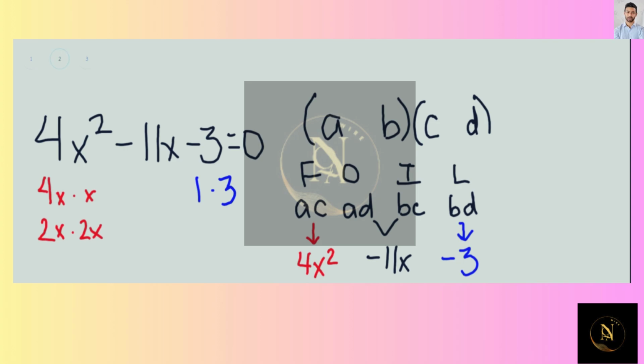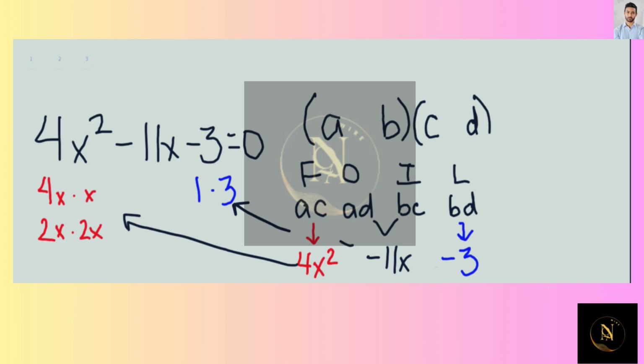Now that we have our quadratic in standard form, we can factor it. Because our quadratic has a coefficient for the a term that is not 1, this is going to take a little bit more work than a quadratic that has 1 as the coefficient of the a term. What I have listed in red are the factor possibilities for the a term, and in blue, the factor possibilities for the c term.